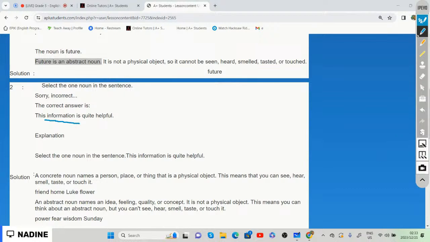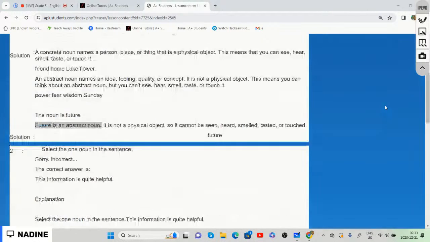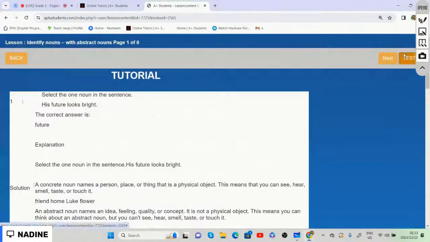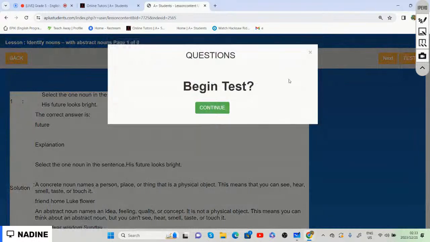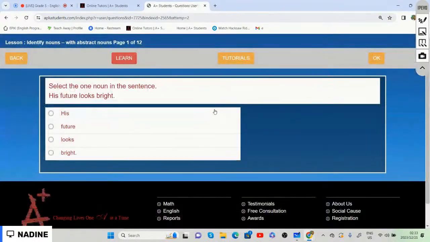All right, so now let's go to our test where we are going to identify nouns specifically with abstract nouns. We need to select the one noun, which is the abstract noun within the sentence.